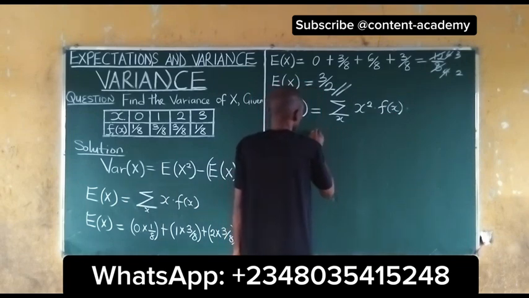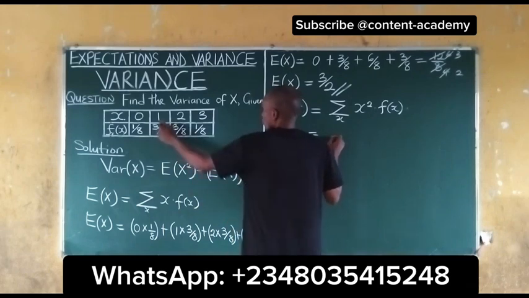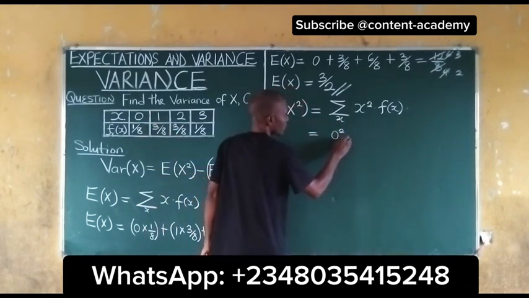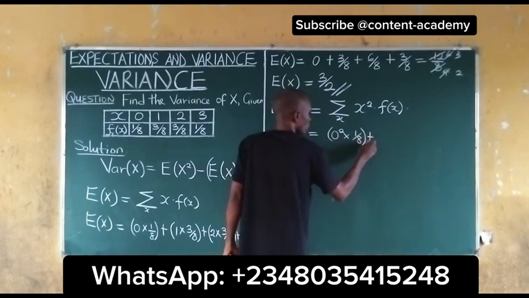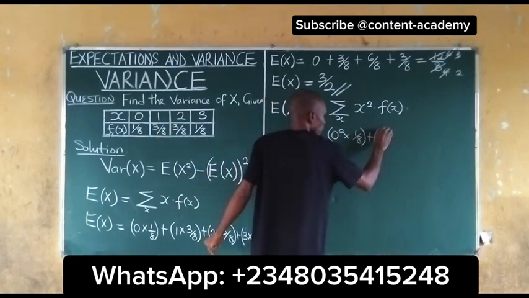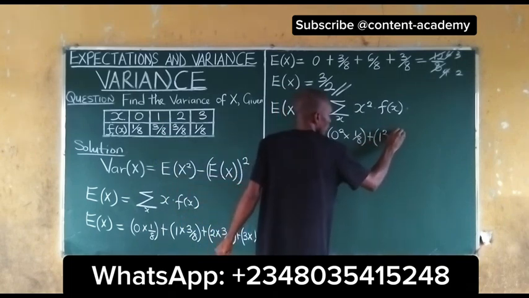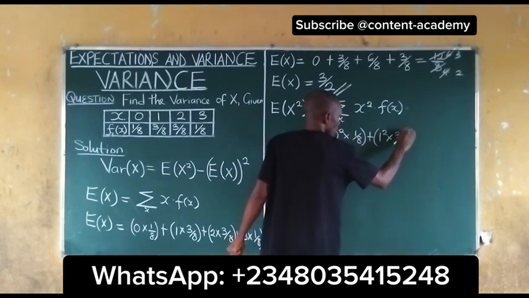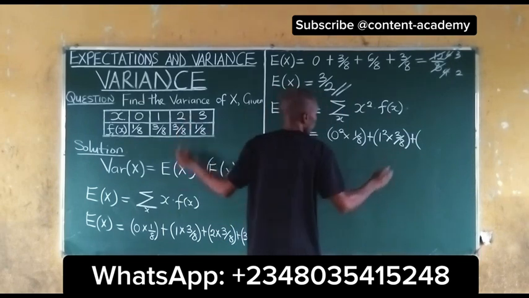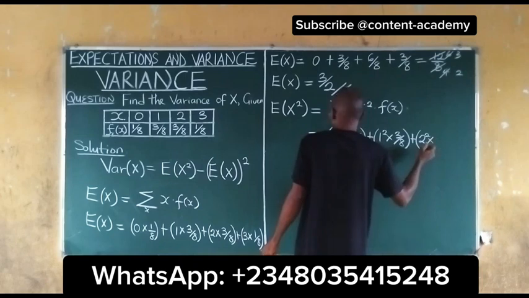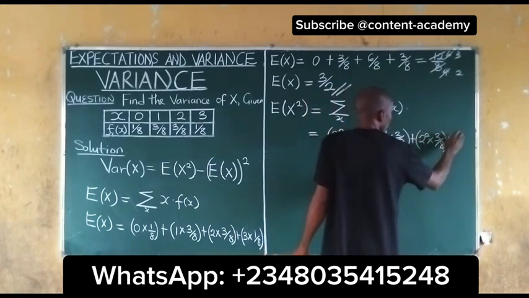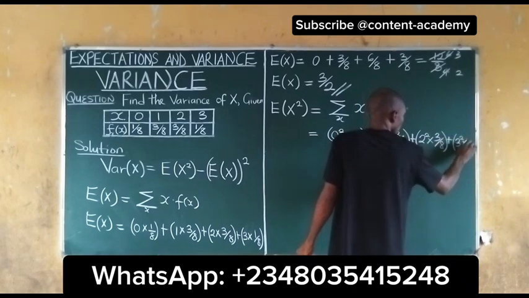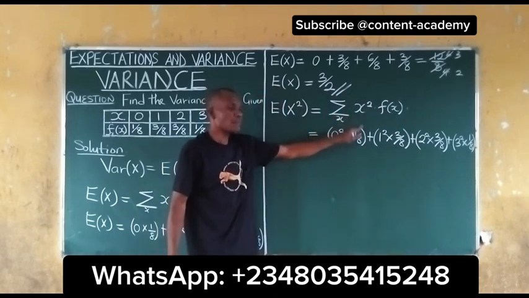So we can calculate this: 0 squared multiplied by 1 all over 8, plus 1 squared multiplied by 3 all over 8, plus 2 squared multiplied by 3 all over 8, plus 3 squared multiplied by 1 all over 8. That is what it simply means.